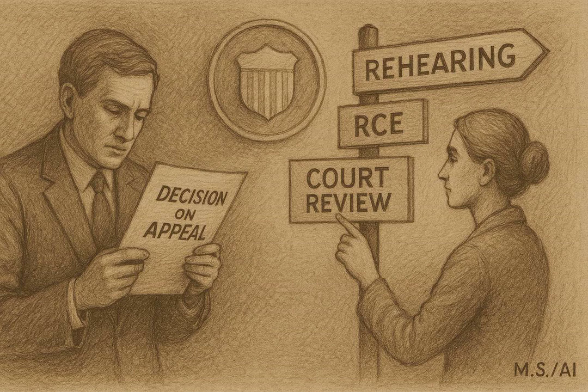Now here's where it gets really interesting and a bit complex. What if the board pulls something unexpected, like introduces new grounds for rejection right there in their decision? The source material links this to 37 CFR 41.50(b). Yes, that's a very specific scenario, and MPEP 1214 lays out a clear procedure for it.